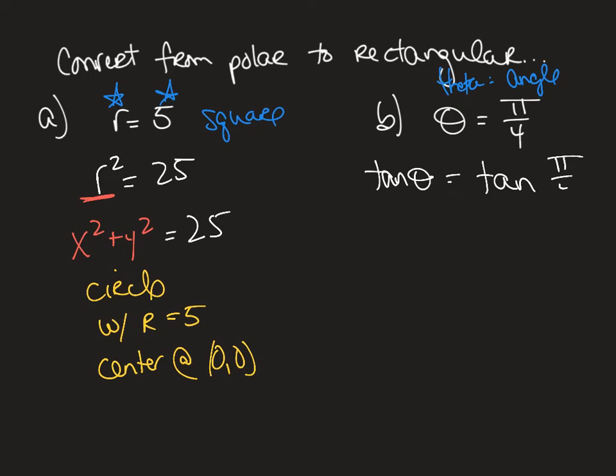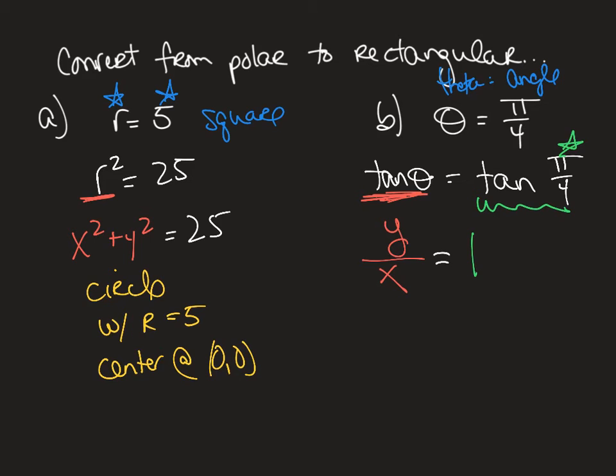Sorry about that, pi over 4. All right, then using our substitution, tangent of theta is y over x, and that equals, guys, go to your unit circle, go to pi over 4, find the tangent. Well, the tangent of pi over 4 is 1.